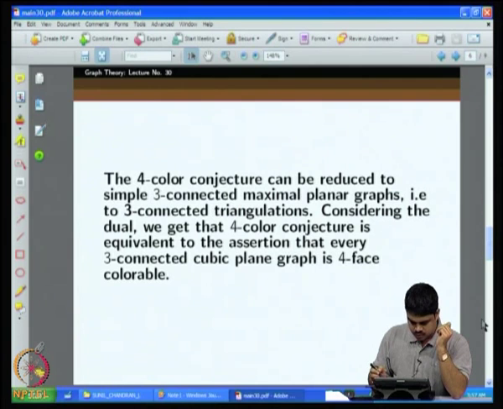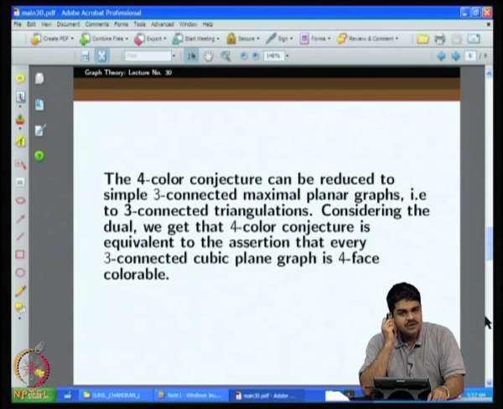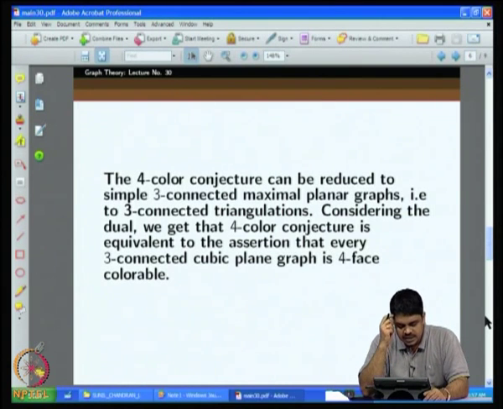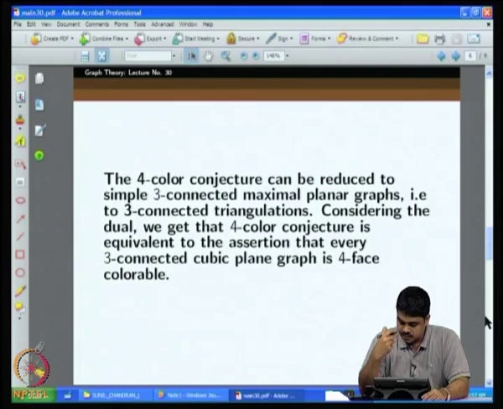And now, we will get into another related result. Somehow this Hamiltonicity is related to the 4-color conjecture. How is it related? I will just briefly explain the sequence of arguments.